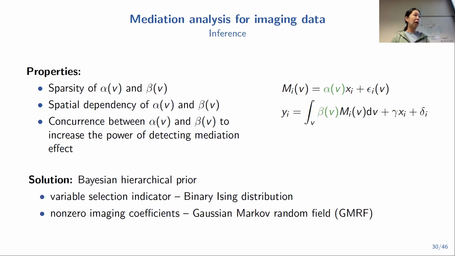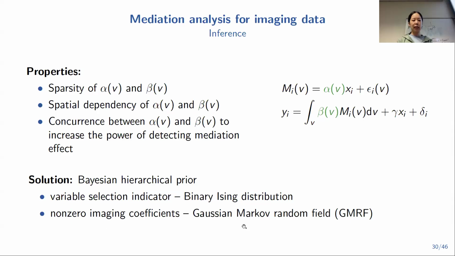So we propose a Bayesian hierarchical prior. The idea is actually simple. On the first level, we want a variable selection indicator to select which pixels are predictive, non-zero. When selecting non-zero pixels, we want it to select a region instead of single pixels. That's why we use the Ising distribution, which promotes selecting a continuous region instead of just one single pixel. So in this first level, we select the non-zero pixels.